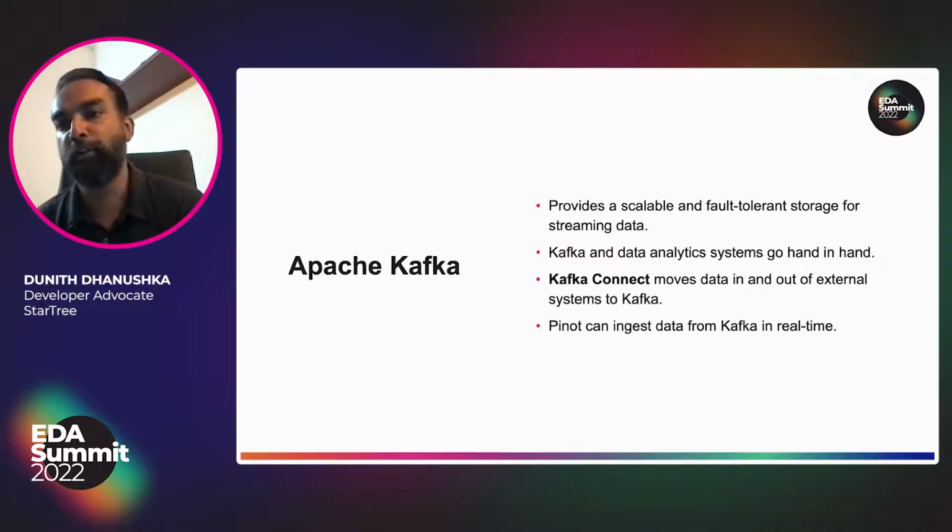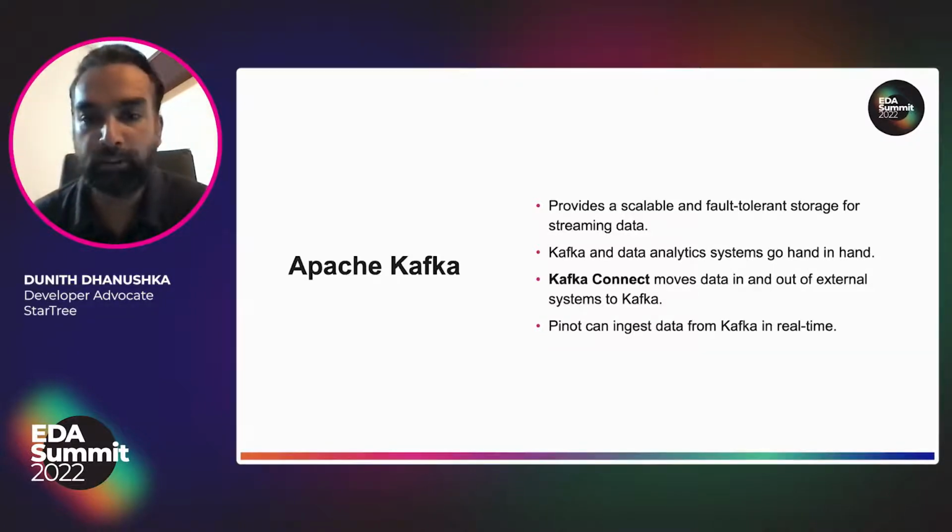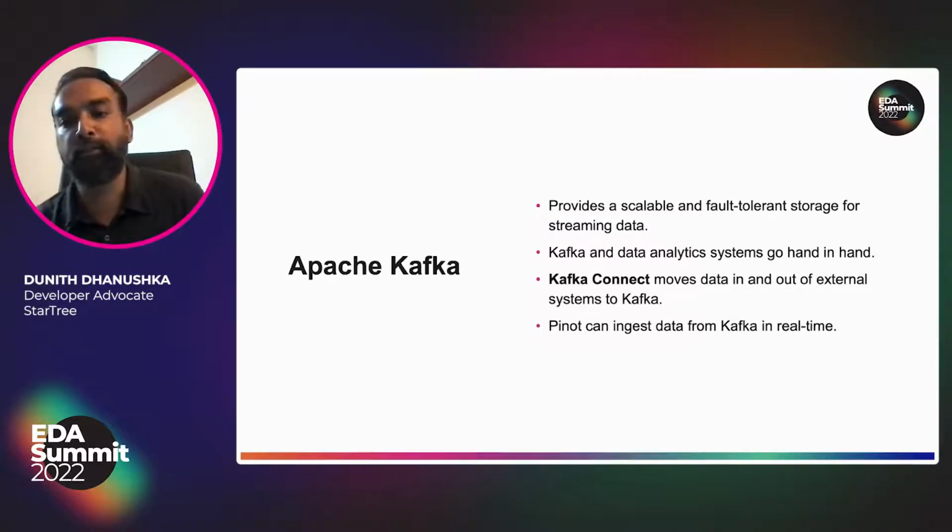For example, if you want to read from a JDBC database, or an external system like Elasticsearch, you don't have to code it by hand. All you have to do is find the necessary Kafka Connect connector, deploy it to Kafka Connect, and configure it accordingly. Then data will start flowing from these systems to Kafka. Also, Pinot can be configured to ingest or consume data from a Kafka topic in real time.